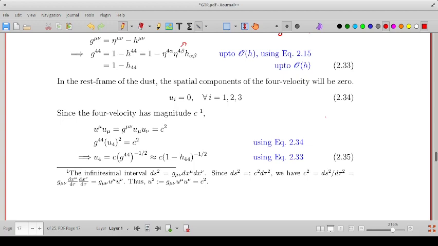This is something that we have seen in the special theory of relativity. It is also true in general theory of relativity because of the following: g_μν u^μ u^ν, where u^μ equals dx^μ/dτ and u^ν equals dx^ν/dτ.